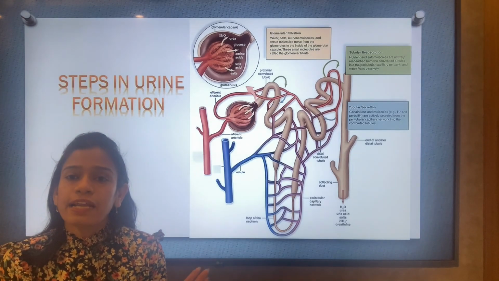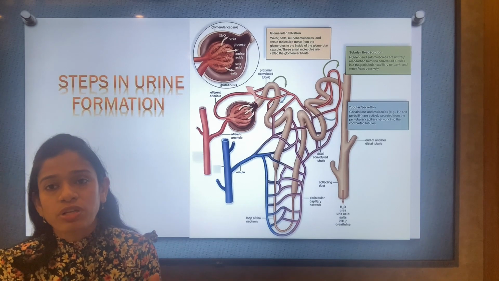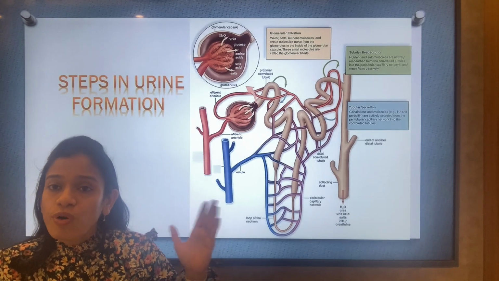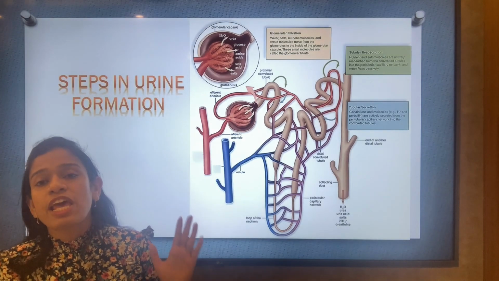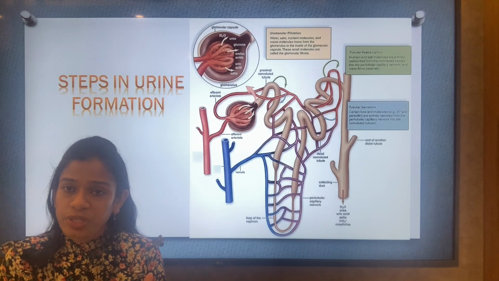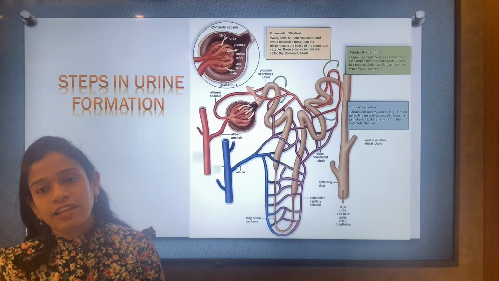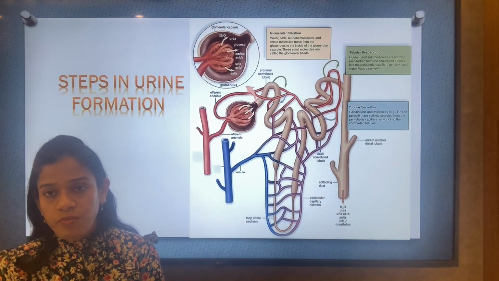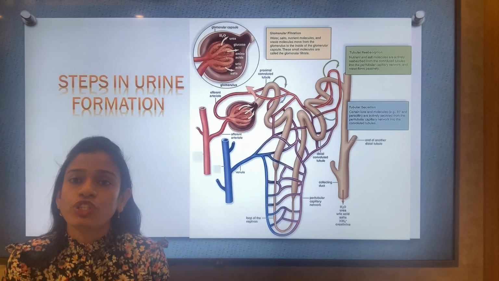So this concludes the life processes from the chapter Life Processes, which includes digestion, breathing, respiration, circulation or transportation, and finally excretion. In one slot we have finished the full chapter.